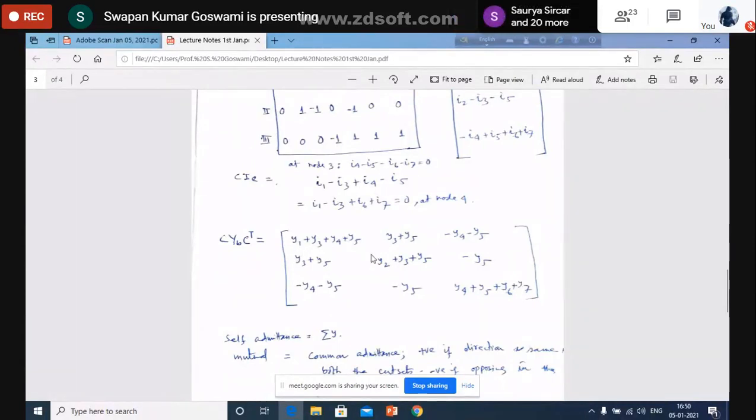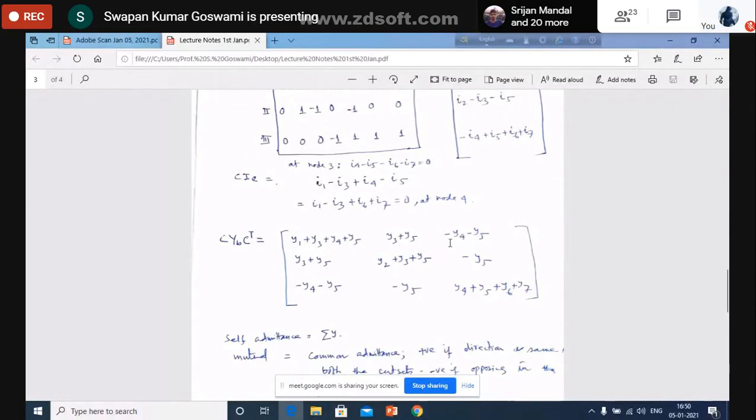Self admittances are the summation of the admittances of the elements of the basic cursor. Mutual admittances are the common admittances between the two cursors. Mutual admittance will be positive if the direction of the element is the same with respect to both cursors, and it will be negative if the direction of the element is opposing with respect to the two cursors.